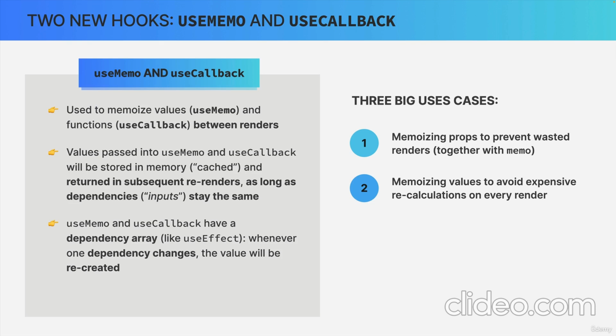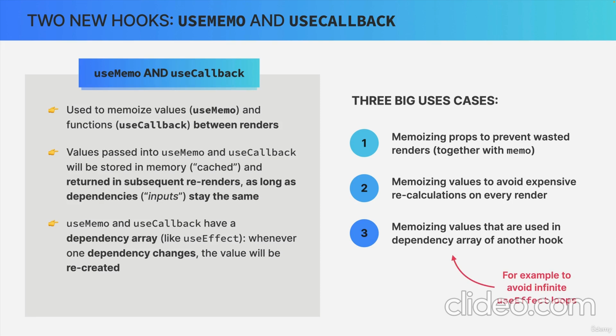Finally, another use case is memoizing values that are used in the dependency array of other hooks, for example, in order to avoid infinite useEffect loops. Now, just like with the memo function, it's important to not overuse these hooks. So you should probably only use them for one of these three use cases and not start memoizing every single object and function everywhere. But anyway, with all this being said, it's time to finally try this out with code.